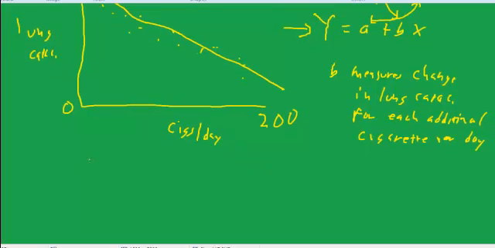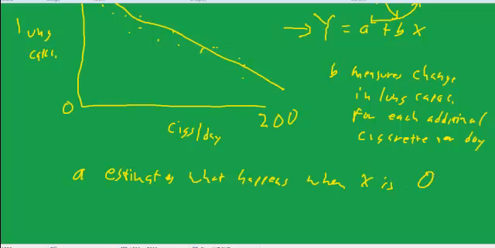And a estimates what happens when x is 0. And that's sometimes meaningful and sometimes not.